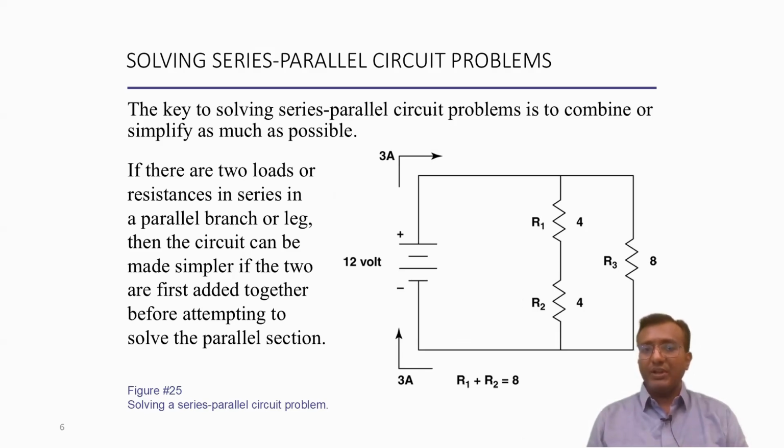So it becomes 4 ohms. Now we know the equivalent resistance of the system. If we divide the total supply voltage by this equivalent resistance, we get the current flow. So 12 divided by 4 comes to 3 amperes.